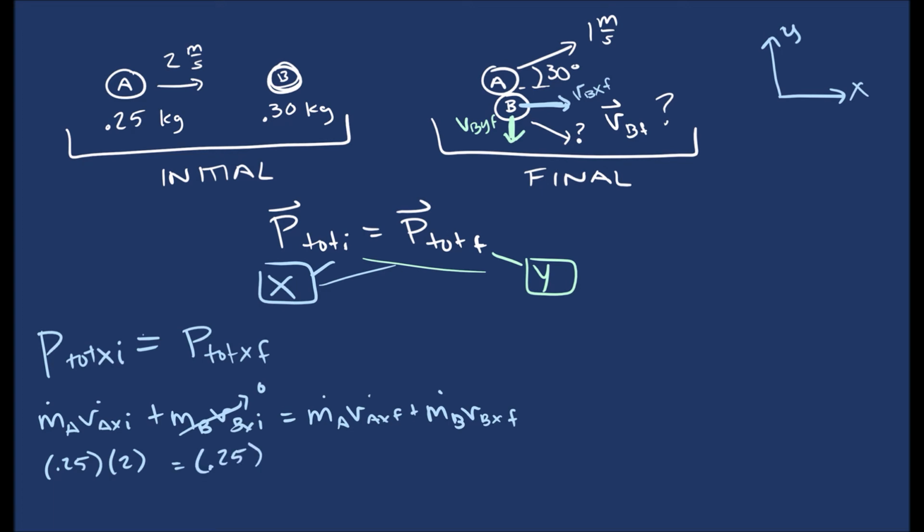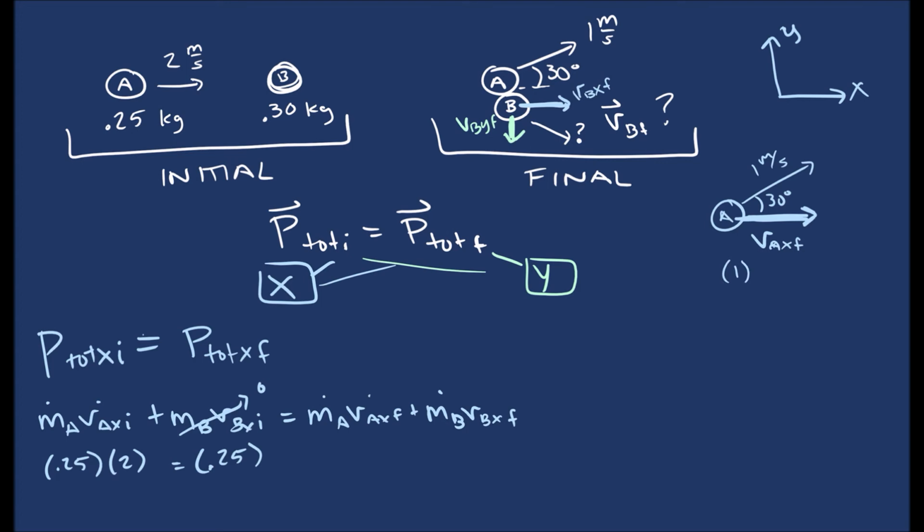Here's where we have to do a little trigonometry. After the collision, billiard ball A is traveling at 1 meter per second, 30 degrees above our positive x direction. So to solve for the x component, we can't use 1, we have to use VAX final, which is adjacent to that 30-degree angle.